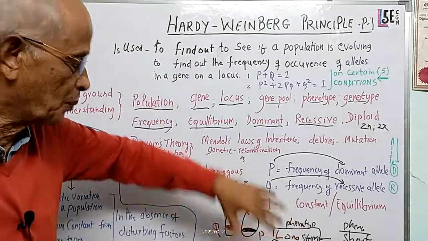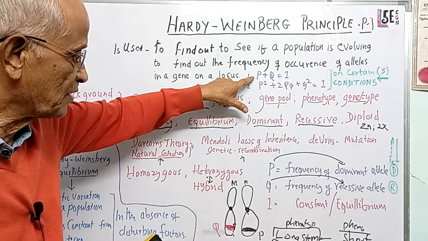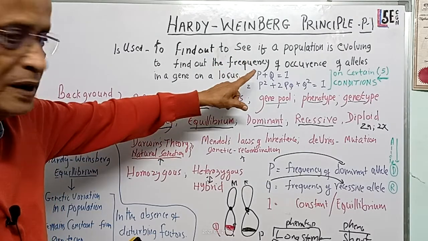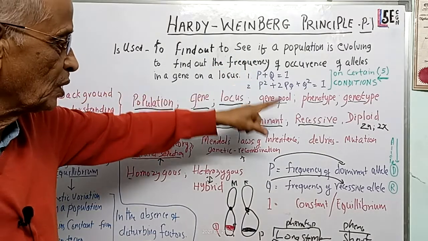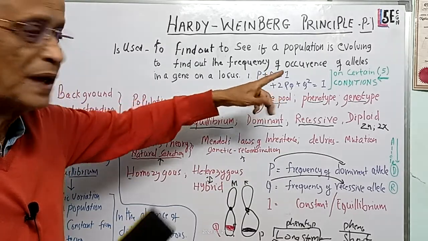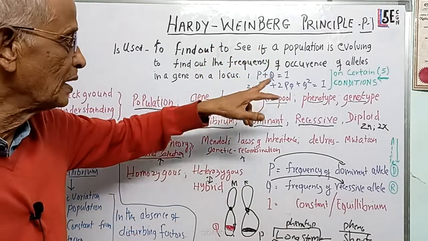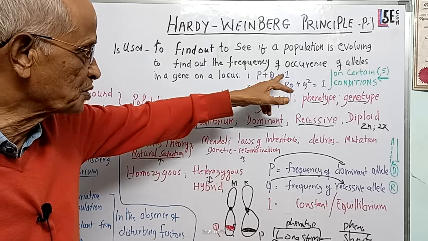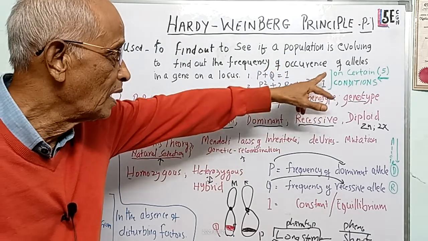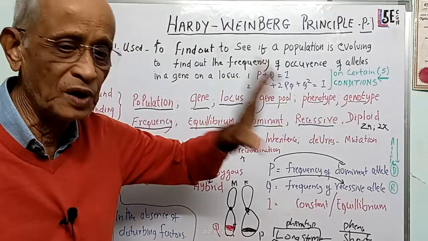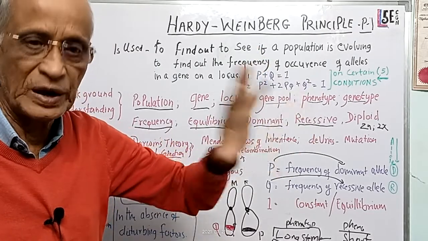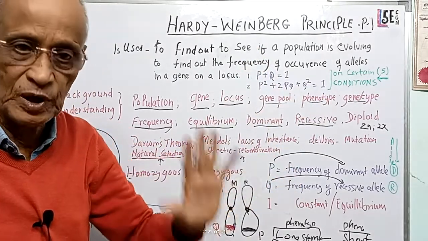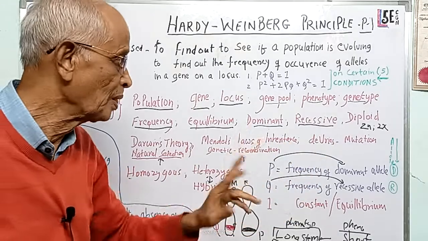If you say p refers to a dominant allele and q refers to a recessive allele, in any case, it will always be constant provided 5 conditions proposed are met. What those conditions are, we will be doing in the next session.